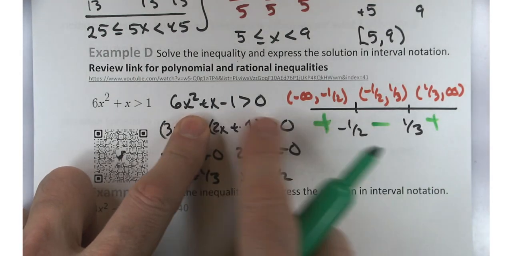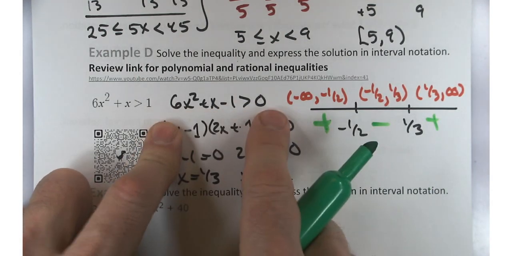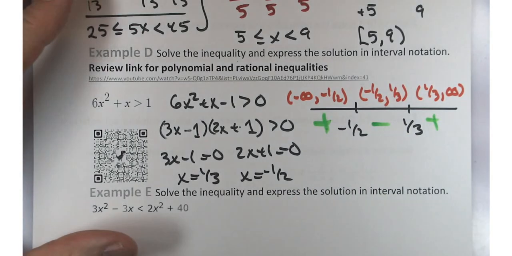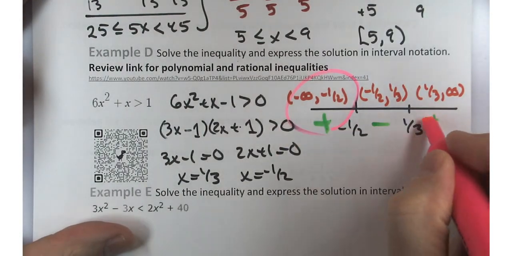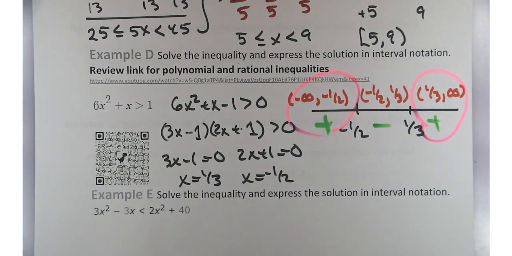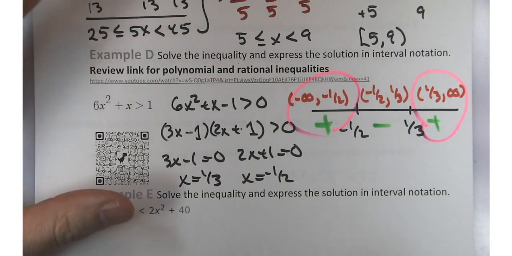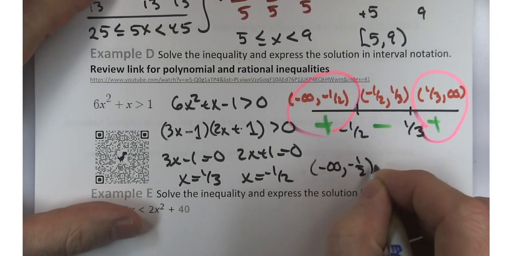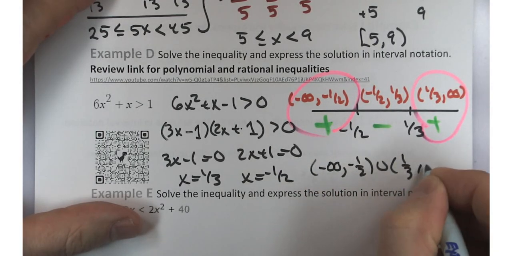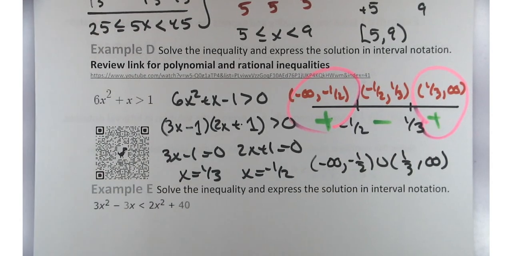Which ones are going to make sure that this is greater than 0? Yeah, the positive ones. So let's just circle the positive ones, and that's your answer. -∞ to -1/2, union, 1/3 to infinity. Okay. And we're done with that one.